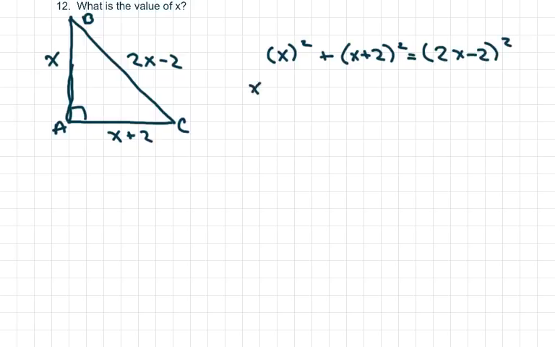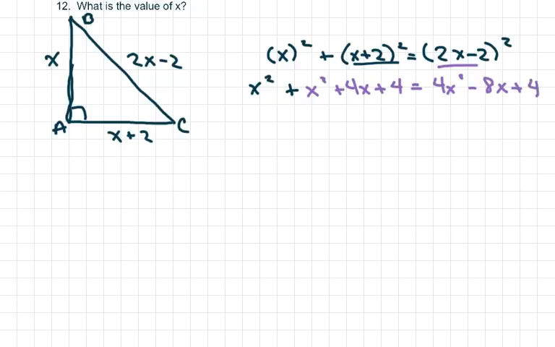So we get x squared plus, and if you FOIL that out, that's going to be x squared plus 4x plus 4. You're just expanding your perfect square trinomials. Same thing here. This is going to be 4x squared minus 8x plus 4.